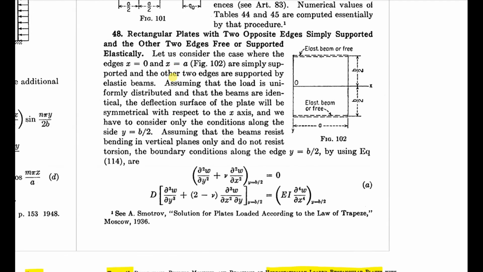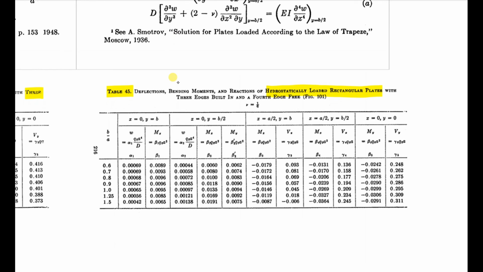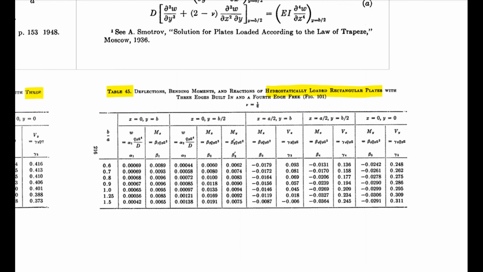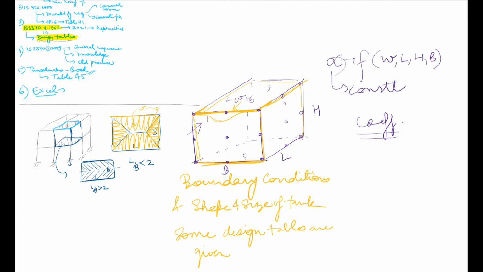Hydrostatic means this triangular pattern, where water load is active. This also applies for soil load. So Timoshenko and IS 3370 Part 4, 1967, both of these we will utilize in the design.